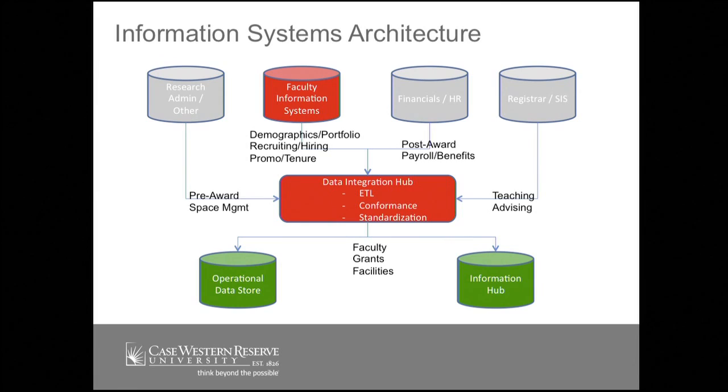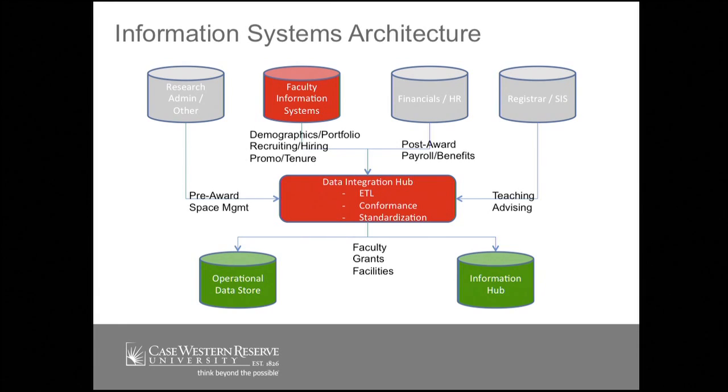The next one is the information systems architecture. That is taking a look at your applications and your data. This is an example of the faculty life cycle, which I'll show a little bit later, but it's documenting that we're going to get data from the research administration systems and a faculty information system.